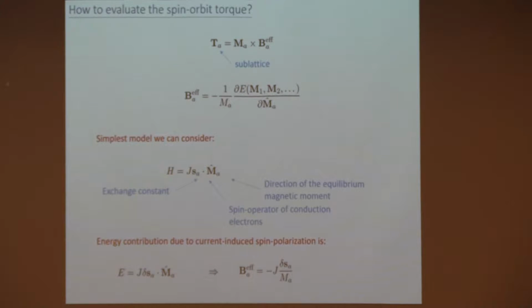There will be some kind of coupling between the equilibrium magnetic moments and the conduction electrons. And then we can easily find the effective field that we see in this case. It is actually proportional to this non-equilibrium spin polarization. In the general case, it doesn't have to be exactly proportional, but it will always be similar to this relation.